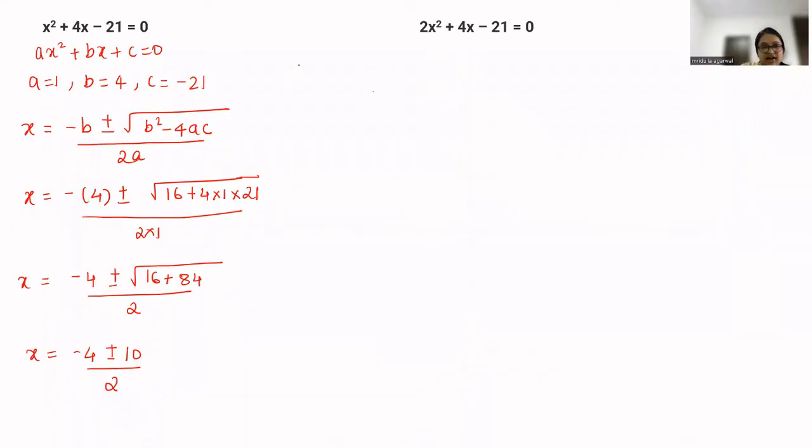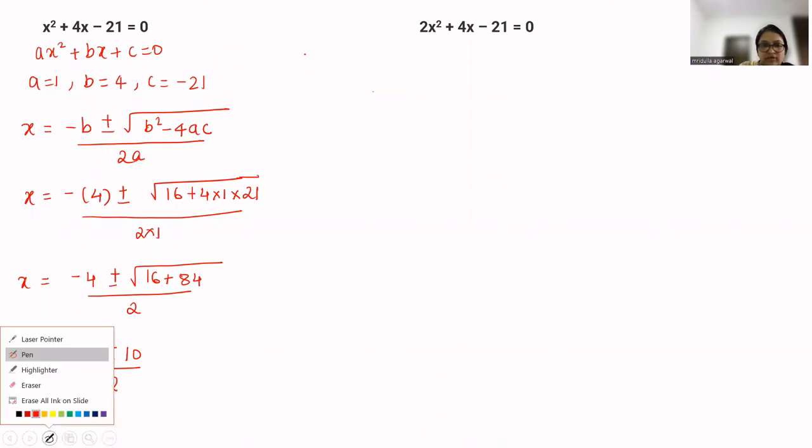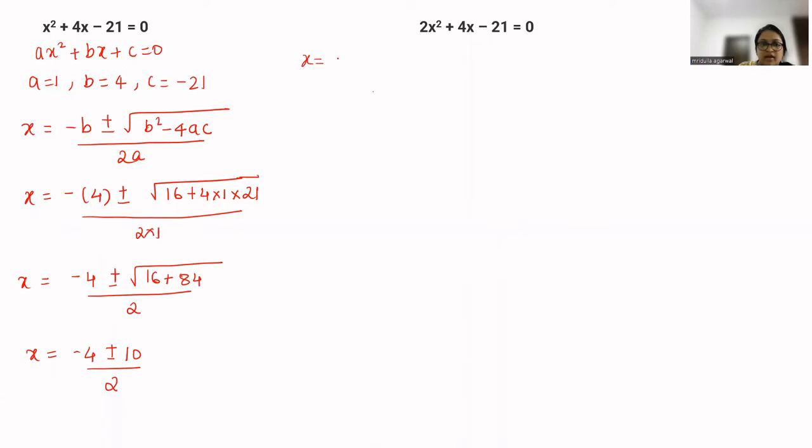So the roots are x equals minus 14 upon 2 or x equals minus 4 plus 10, so it is 6 upon 2. So that is x equals minus 7 or 3.